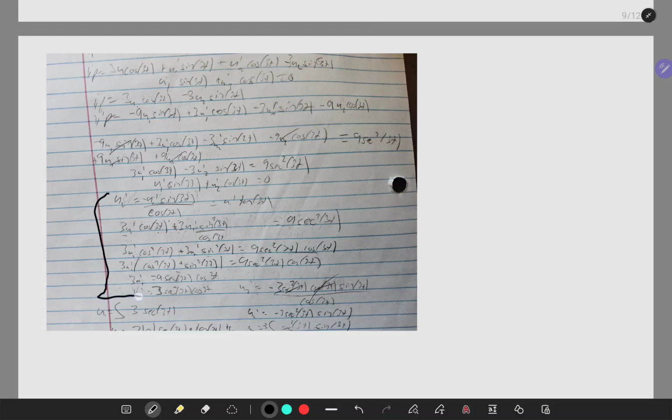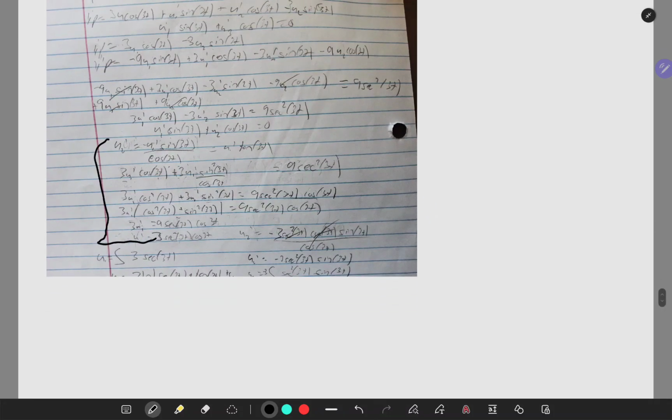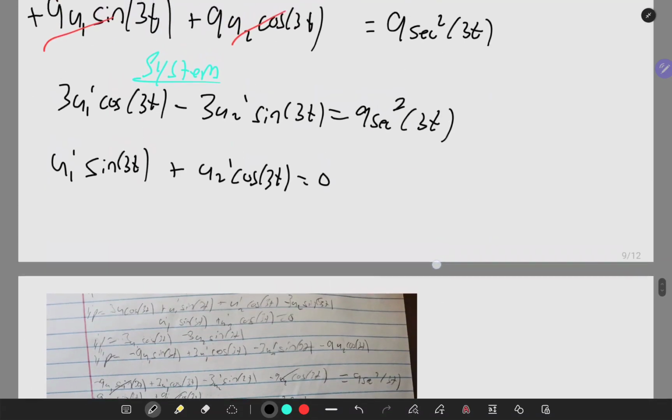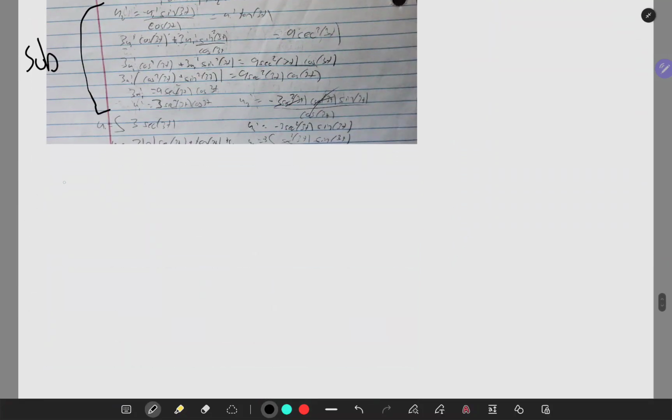All of this is the substitution, right? So if you want to do it that way, you can check your work with this. I know it's a little messy. I was doing it quick on paper. But I'm going to do Cramer's rule.